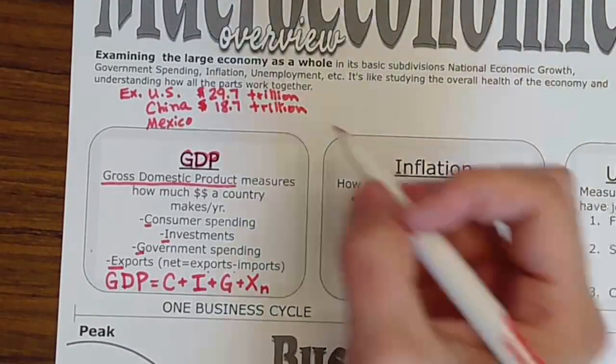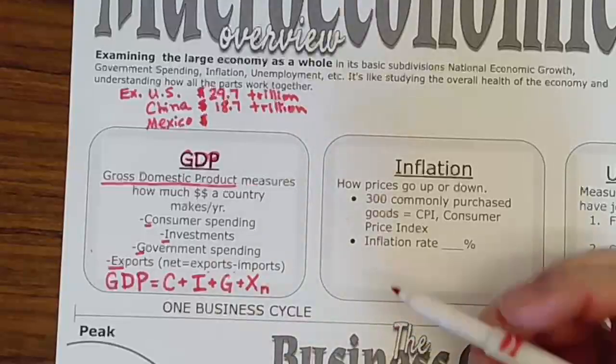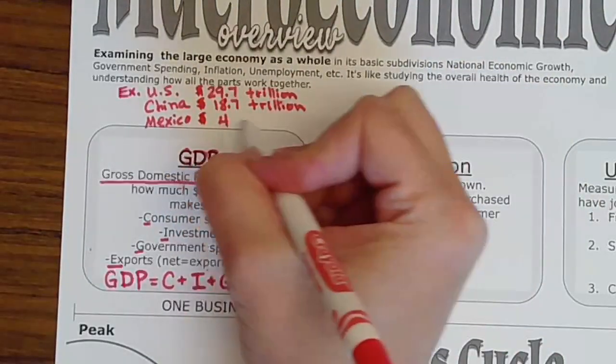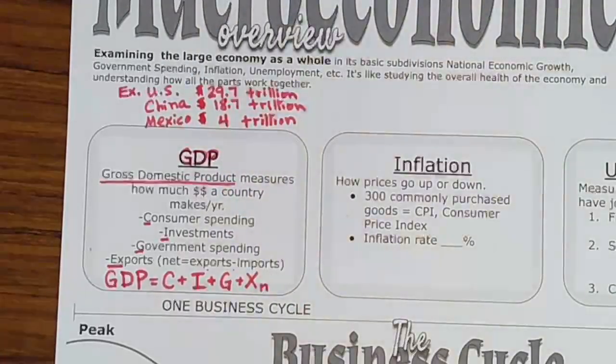It's a lot of money in this world. Mexico was at $4 trillion.